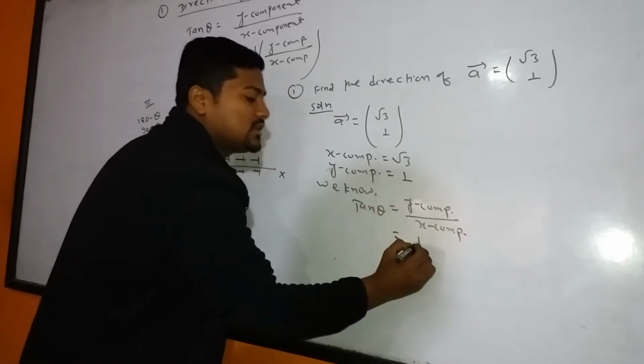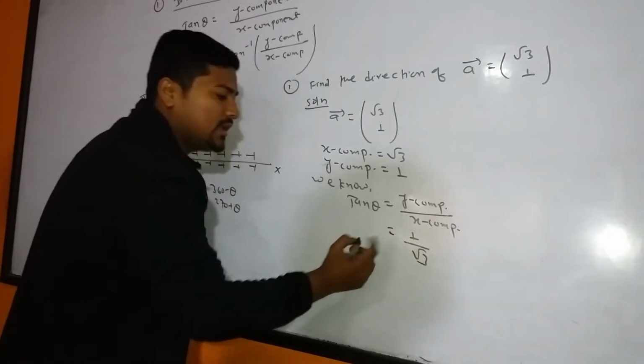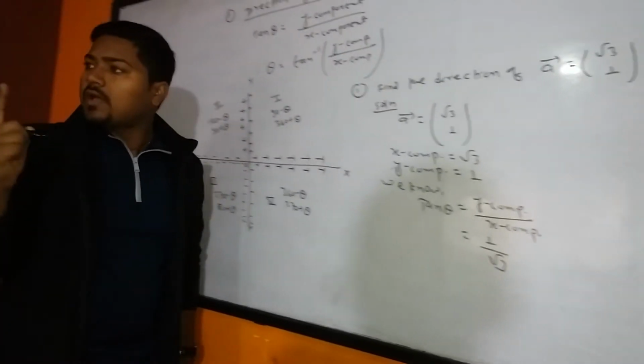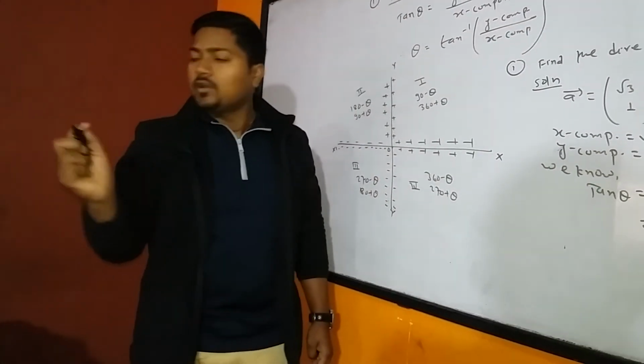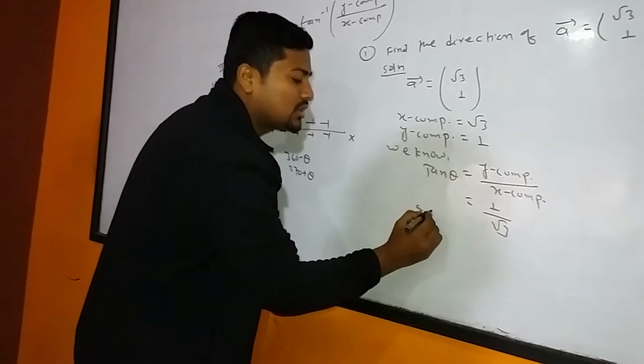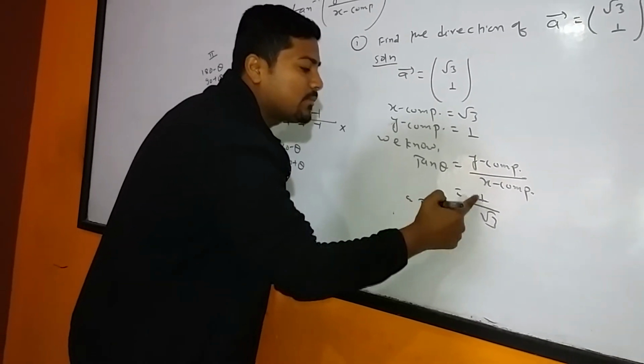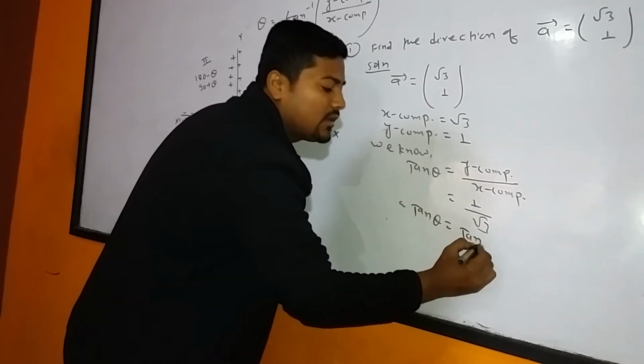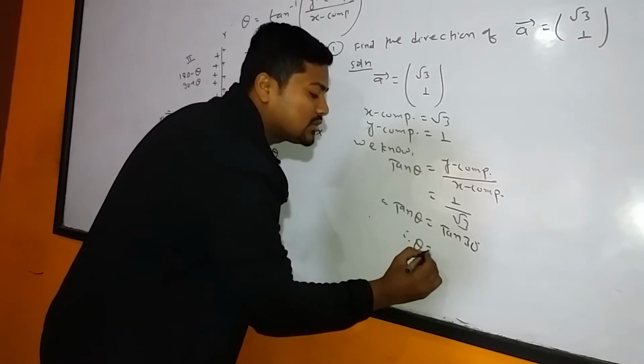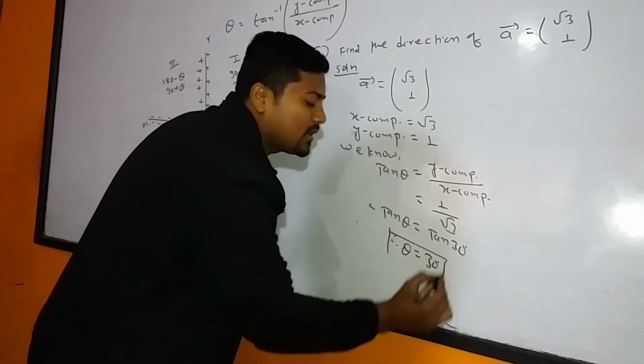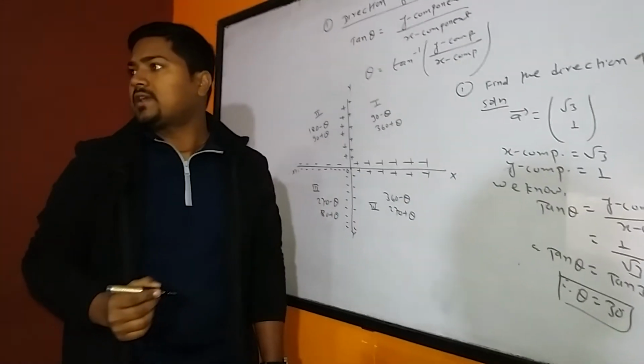The y component is 1, and the x component is root 3. So 1 by root 3 is tan 30 degrees. Tan 30 degrees means 1 by root 3. So tan theta is 1 by root 3, which is tan 30 degrees. Therefore theta is equal to 30 degrees. Hence the direction of the vector is 30 degrees.